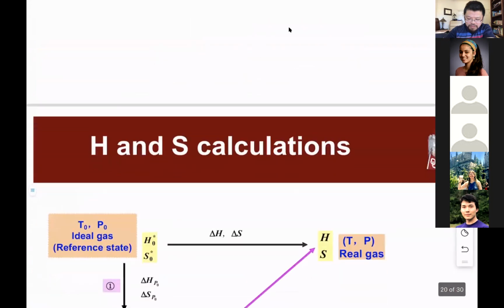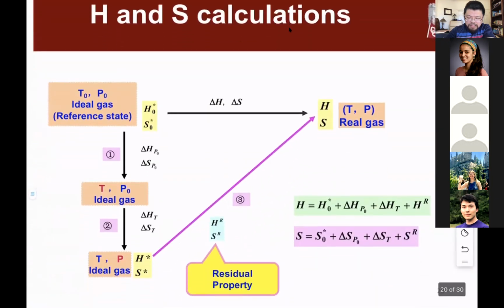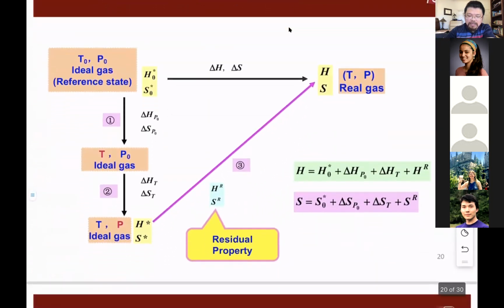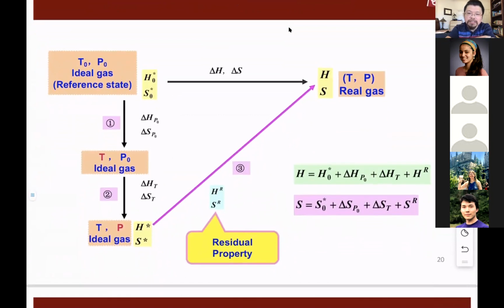So now if we think about or put together the general path here, let's try to recall what we have. This is the initial, this is the final, this is TP, this is ideal gas, T naught, P naught. We are moving to this as a T, P naught, and we are moving to TP.